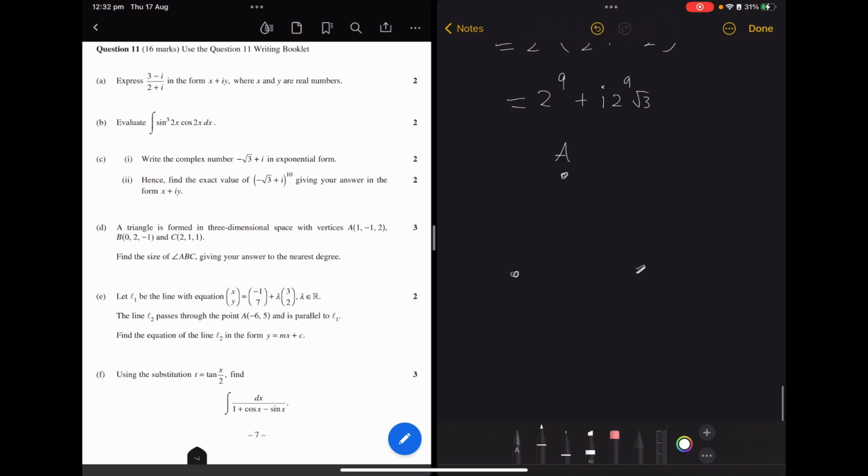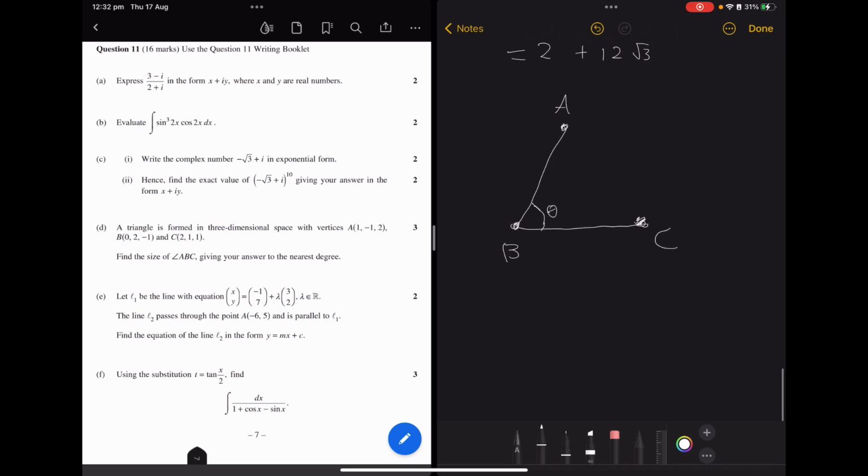This is not to scale at all, so please don't use this as a scale. We have A, B, and C, and we want to find the size of angle ABC, from A to B to C, which means it's this angle here. Let's let this angle be theta. Not sure what it is, could be acute, could be obtuse. This is not to scale again, so please don't be confused.